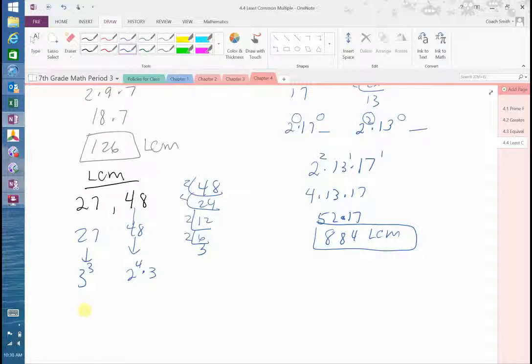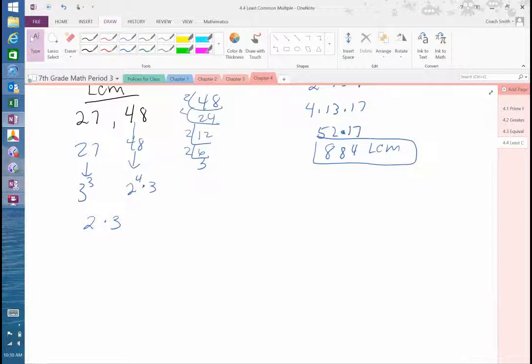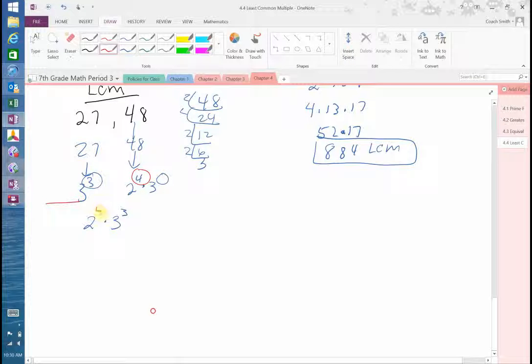All right. So we have 2 and 3 as the prime numbers that are used. Okay. The greatest power of 3, you have 3 to the third, 3 to the first, so we've got to use 3 to the third. I have 2 to the 4th, no 2, so I've got to use 2 to the 4th.